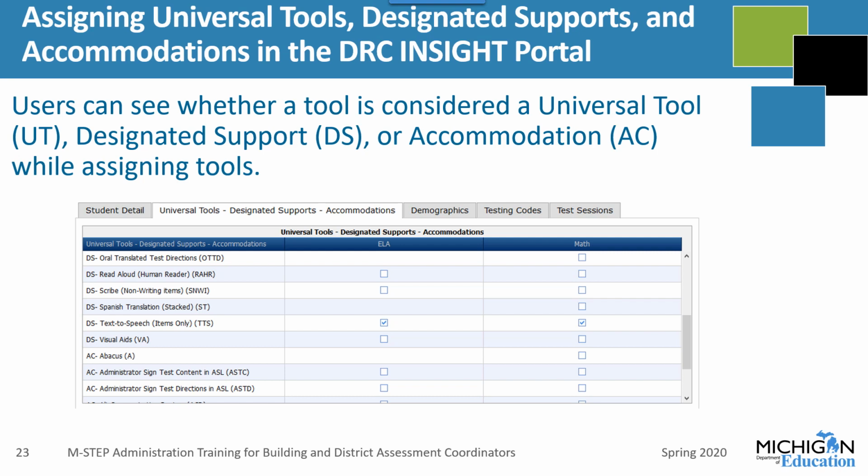Make sure that you are working with educators to assign these appropriately. Also, you must assign all designated supports and accommodations before you print any test tickets. If test tickets are printed before you have assigned the designated supports and accommodations, they will not be available on the student's test.